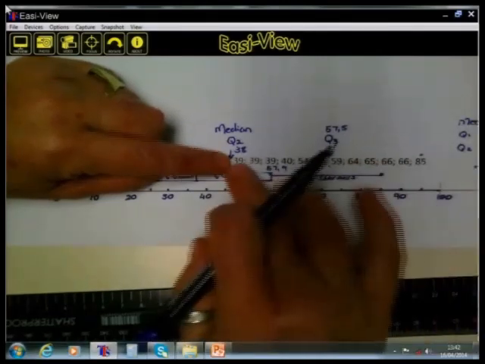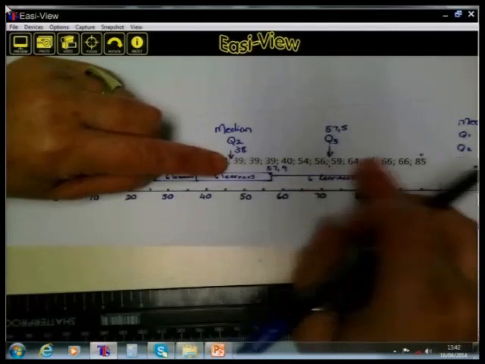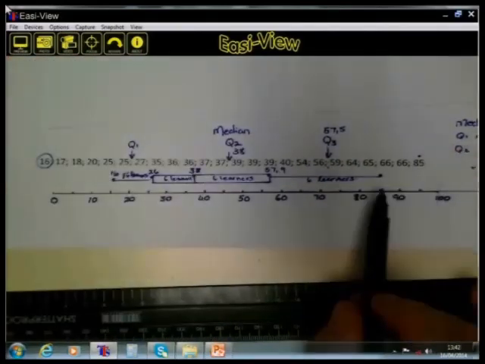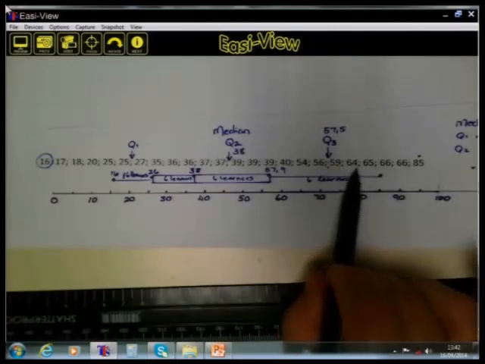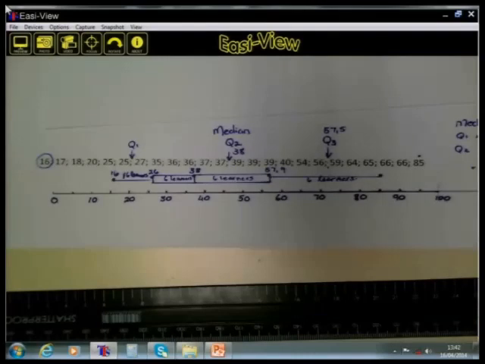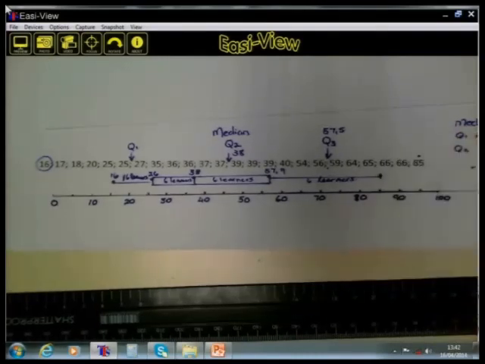So it shows us that the marks are spread out. And finally, if we look from 59 to 85, there is an even bigger spread. 59, 64, 65, 66, 66, 85, before we can come up to that point there.